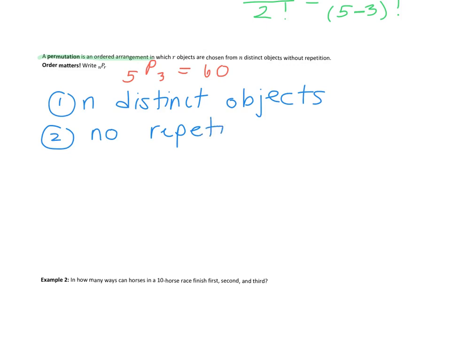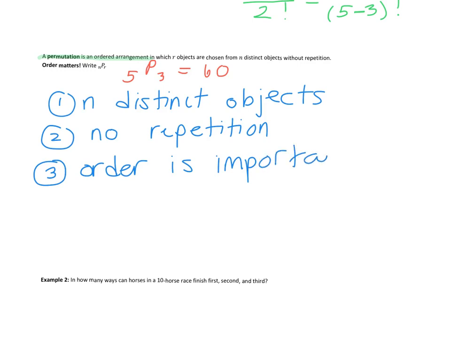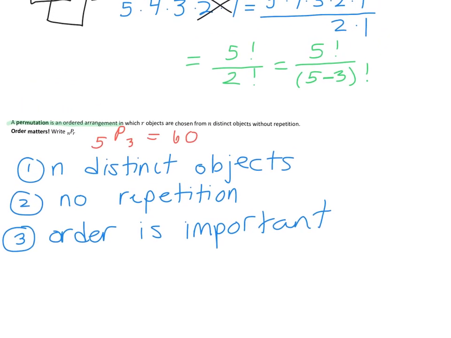We can't have our favorite magazine on the top and at the bottom at the same time. That's impossible because we have distinct objects. And then the big one, that's really the one we're going to focus on, is the order is important because it's an arrangement. So that's also a key word. Order is important.